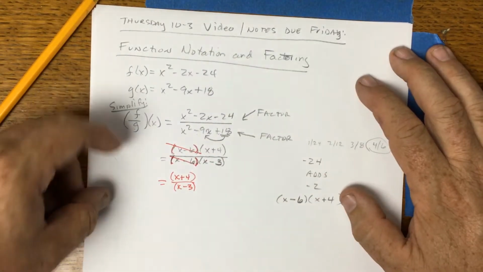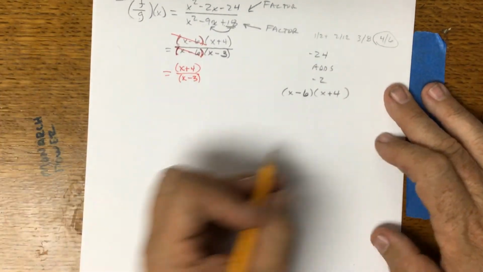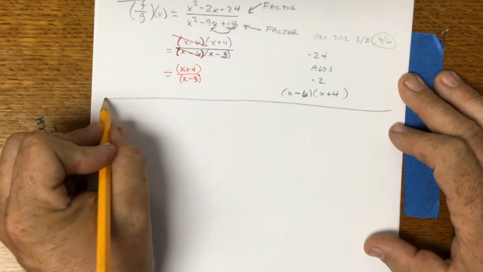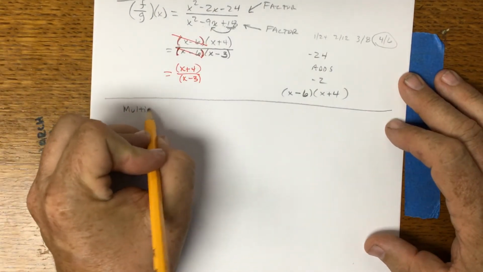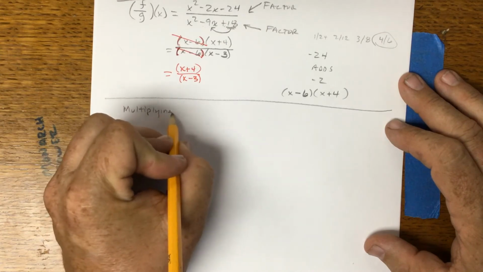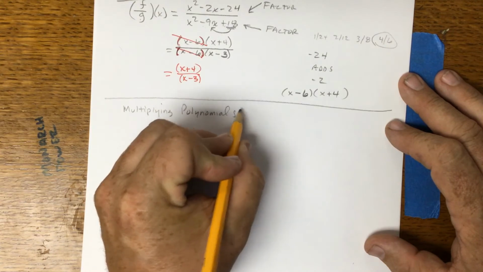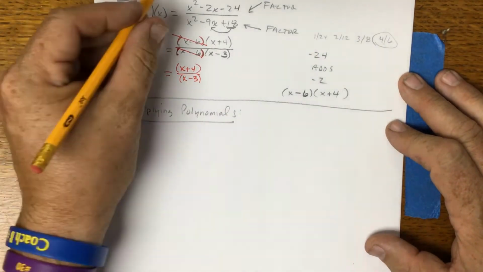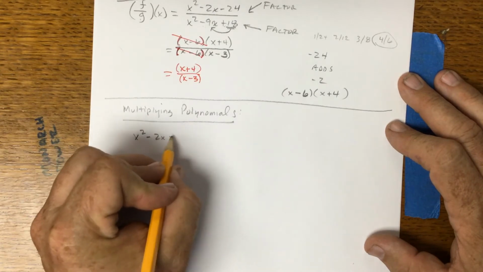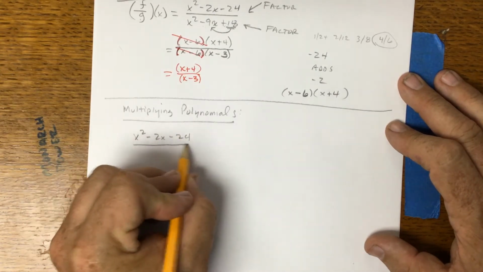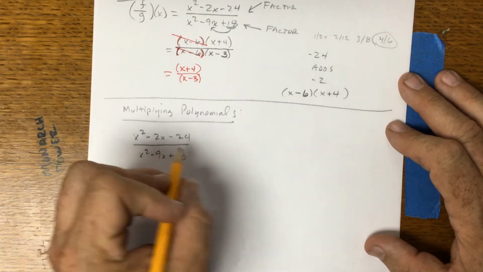Factoring's the big review. So when we do that, we take it a little bit farther and into multiplying polynomials. I'm just going to take these same two, so we already have the factors, so it doesn't take as long. And we're going to put that over x squared minus 9x plus 18.